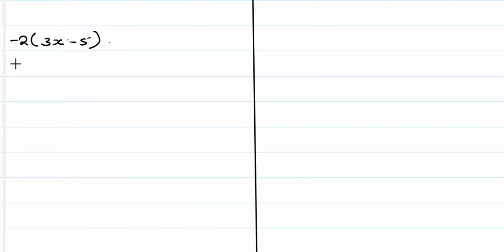So if we have two negatives, we know a negative multiplied by a negative is positive, and a positive multiplied by a positive is positive, and a negative multiplied by a positive is negative.